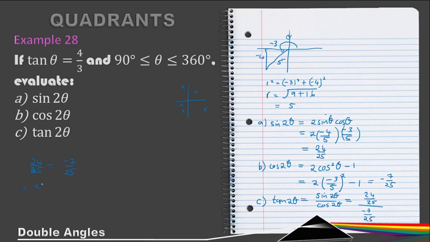So this is then 24 over 25 times, and I swap these two around, 25 over negative 7. I can cancel these two, and then I'm left with 24 over negative 7.